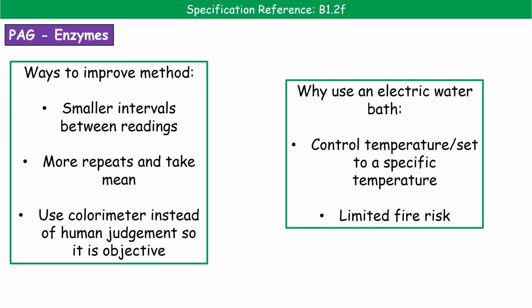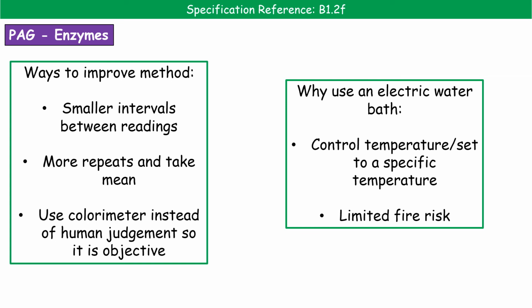What I mean by that is if we're going up in 10 degrees, for example, so 10, 20, 30, and we can see the optimum somewhere between 30 and 40, we don't know exactly where between 30 and 40. If we were to do smaller intervals, so maybe every 5 degrees, every 2 degrees, we get a more accurate picture.